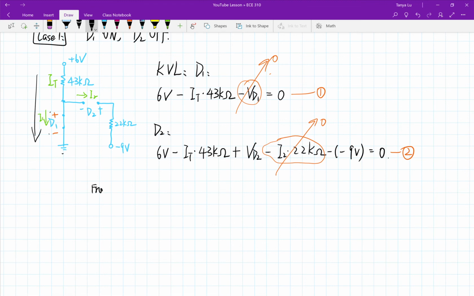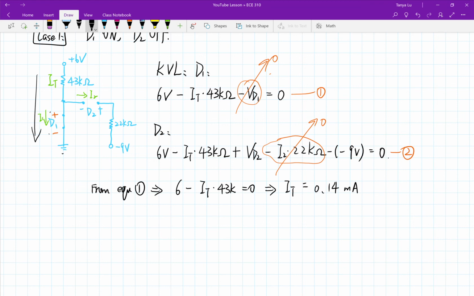So from equation 1, we can get 6 minus I total times 43K equals 0. We can solve for IT. Well, it equals 0.14 milliamps. I cheated.